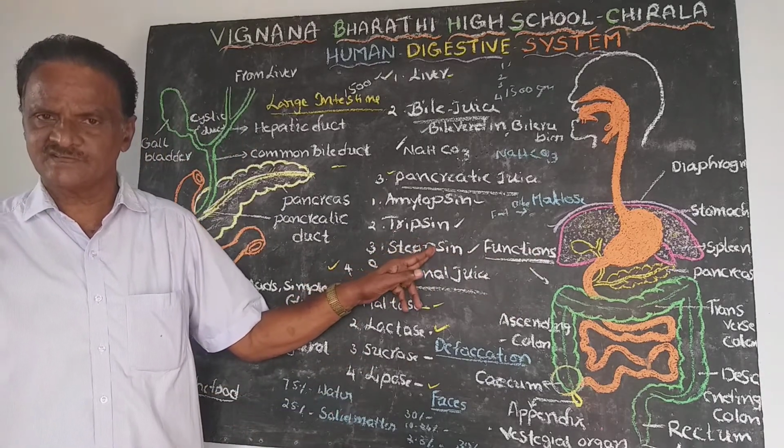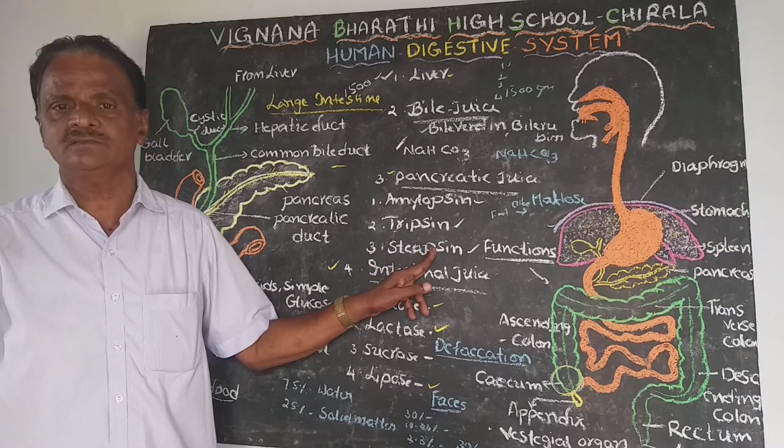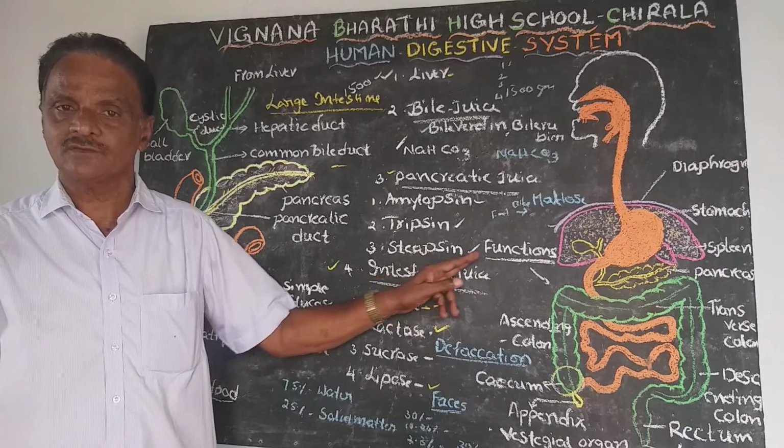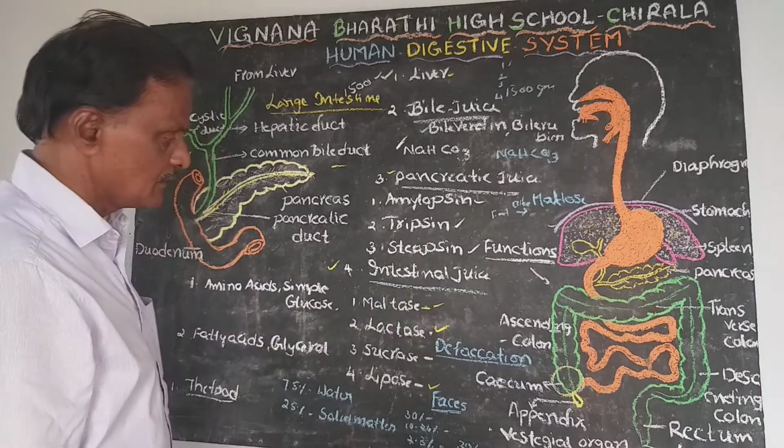The trypsin is first secreted as inactive trypsinogen, which is activated to trypsin by the enzyme called enterokinase.